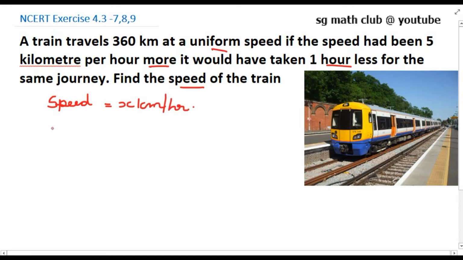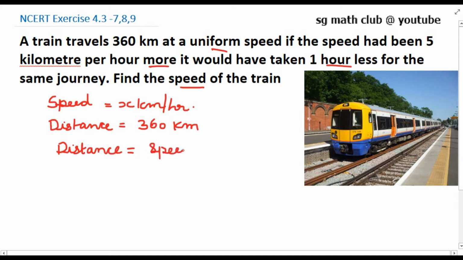and distance is given as 360 km, and we know the relation between speed, time and distance. Distance is equal to speed into time, or time is equal to distance divided by speed.